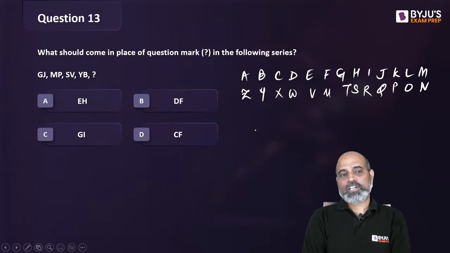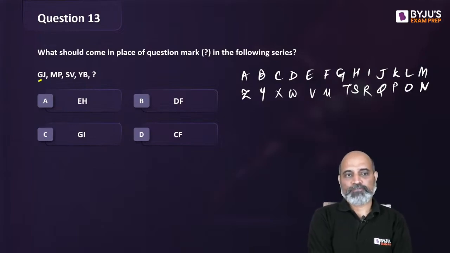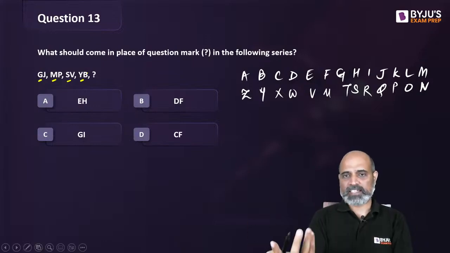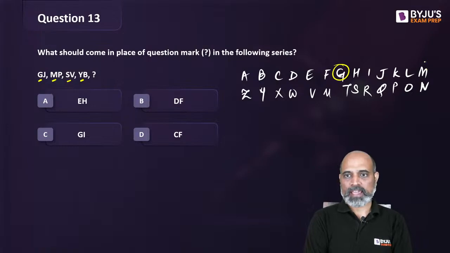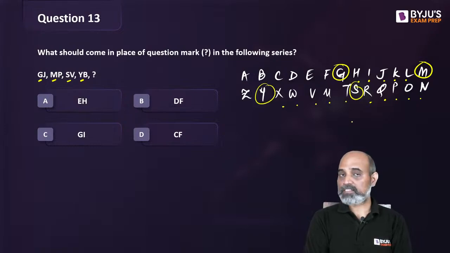Okay, so here it goes. If you look at the first letters, they are increasing. G, M, S, Y. कैसे increase कर रहे हैं? G, M. So there is a gap of 5 letters. Then we have S. There is a gap of 5 letters. Then we have Y. There is a gap of 5 letters.